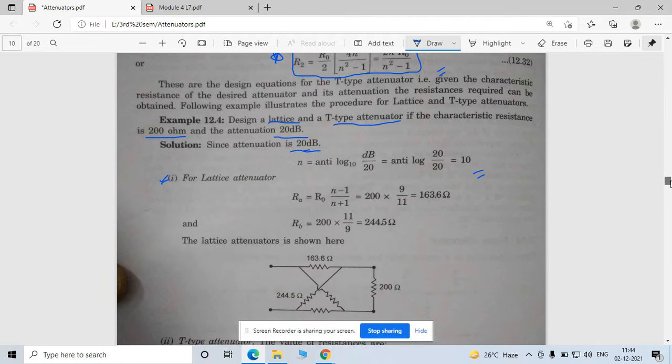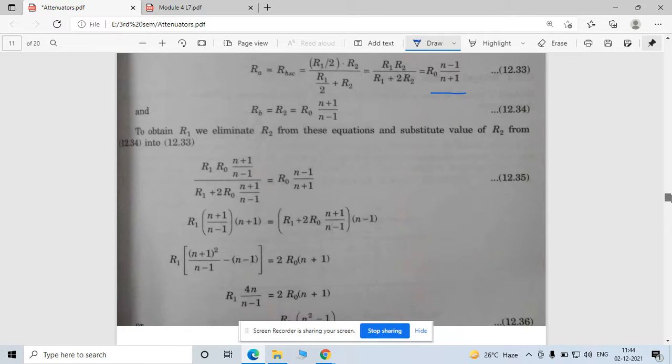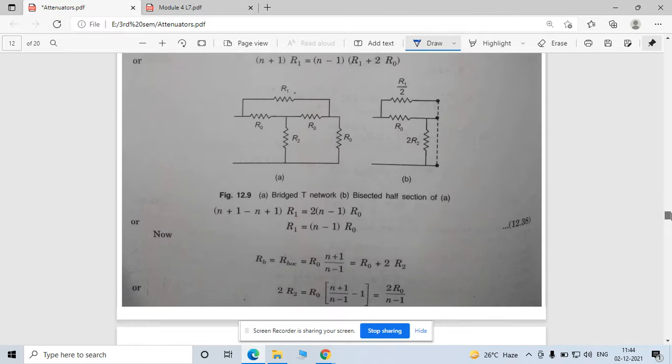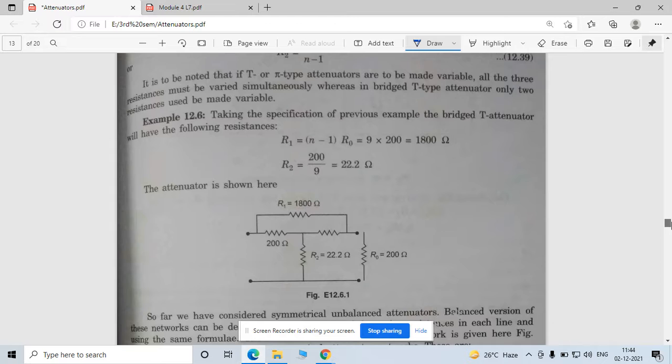I think that value is the same for this circuit as well. Now see, characteristic impedance is 200 ohm and attenuation is 20 dB. So n value is 10. Okay, so n value is 10 and R naught is nothing but here.